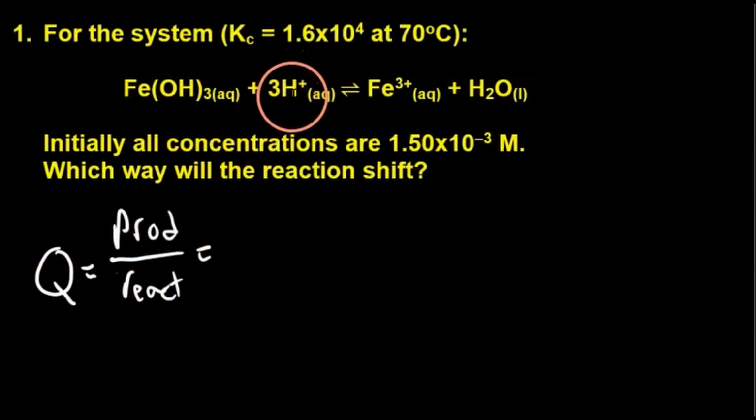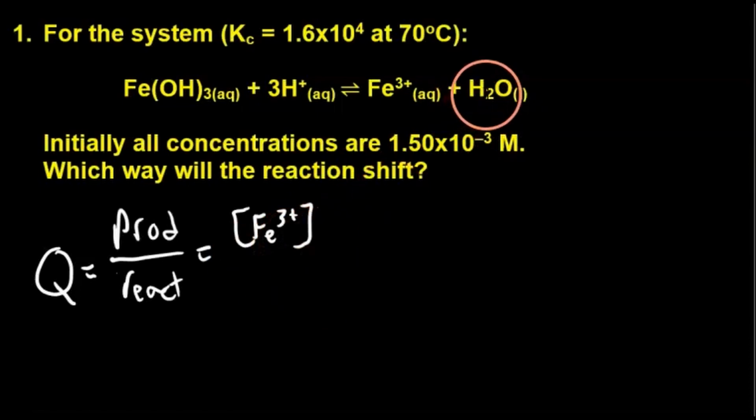So the products are right here, the iron 3 plus and the water. So it's the concentration of Fe3 plus. Now, we don't include the water, even though it's a product, because it's a pure liquid, and we don't include pure liquids or solids. We'll just ignore that. It's basically 1, so we just don't include it.